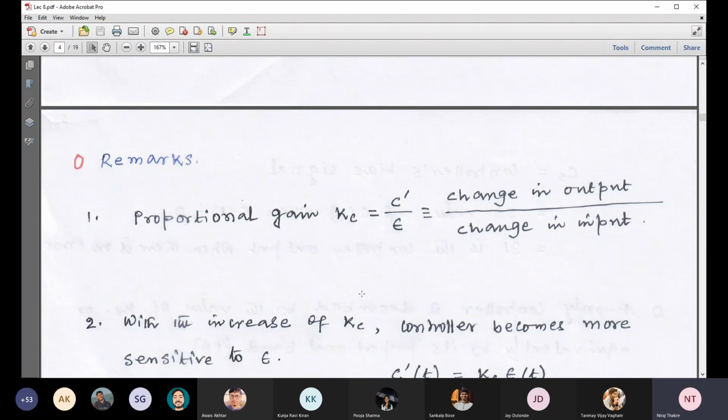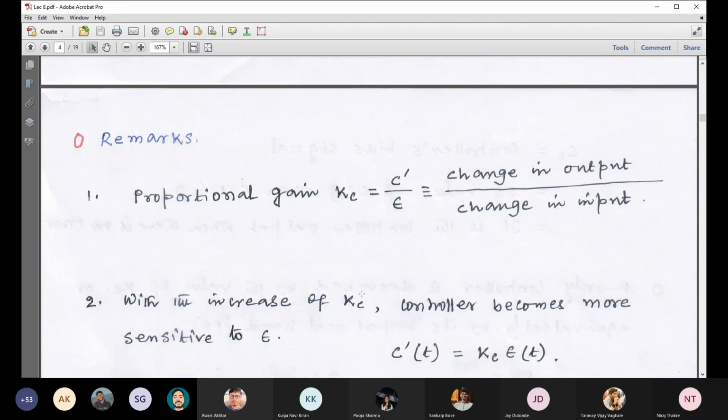Now you see the second remark. With the increase of Kc, the controller becomes more sensitive to error signal.